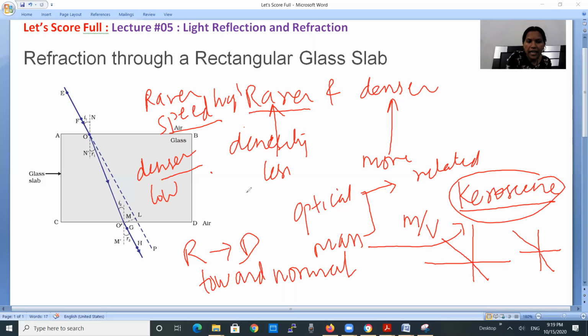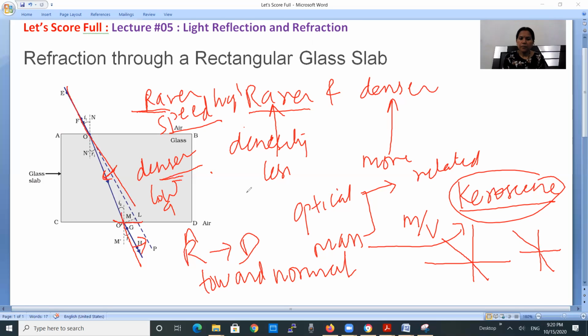So look here, air was rarer, glass is denser, so the incident ray has bent towards the normal. It is bending towards the normal. And opposite, if it is coming from denser to rarer, it will move away from the normal. Like here, glass which is denser to air. So instead of moving straight, it has moved away from the normal.